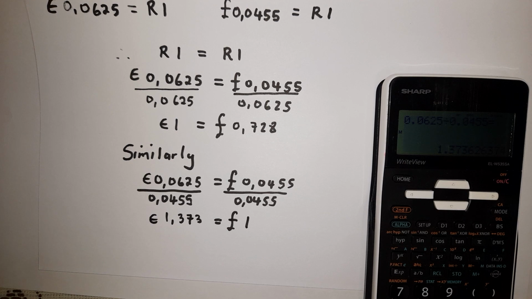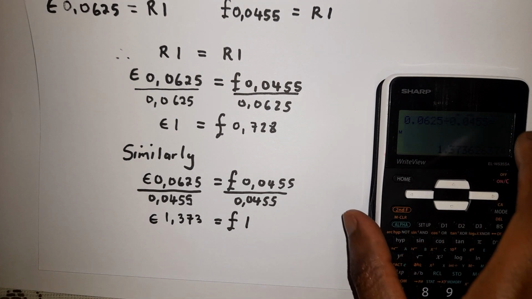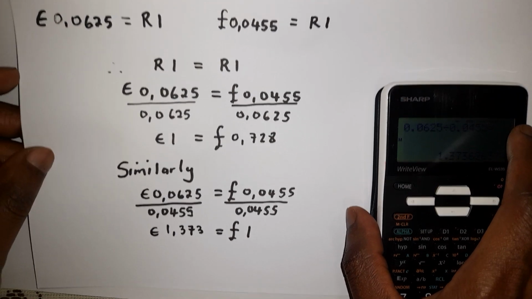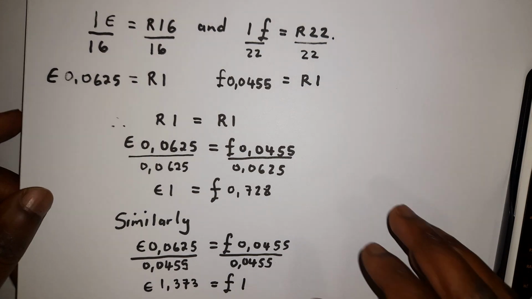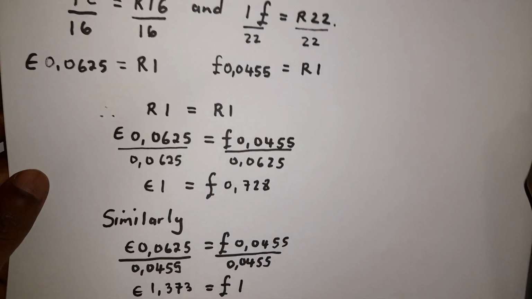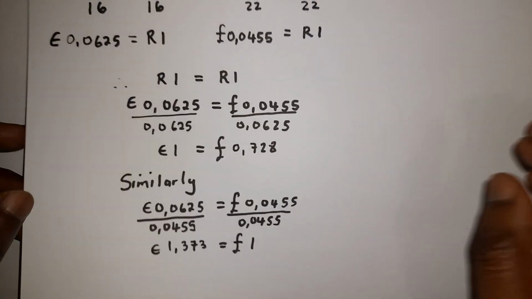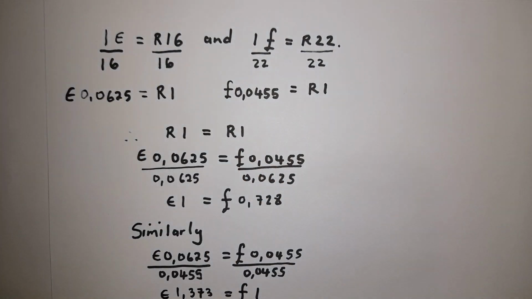Right, great. That is just one easy way of converting between two different currencies. So the idea here is to just write down your information, and then from your information you check whether you are given the rand to currency or currency to rand.